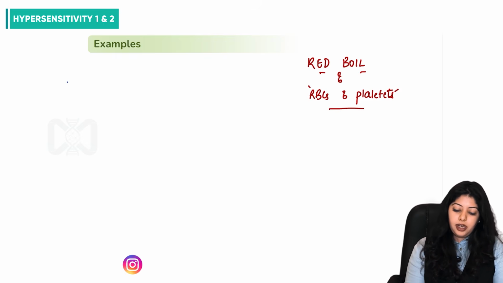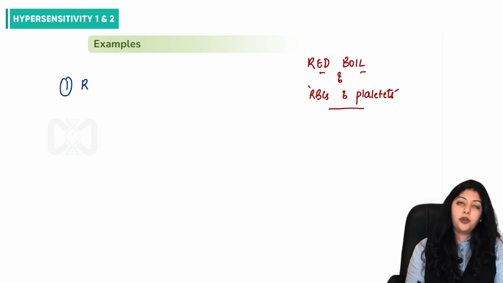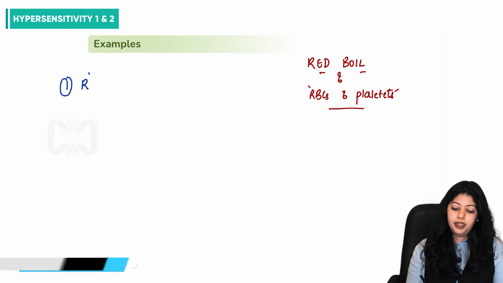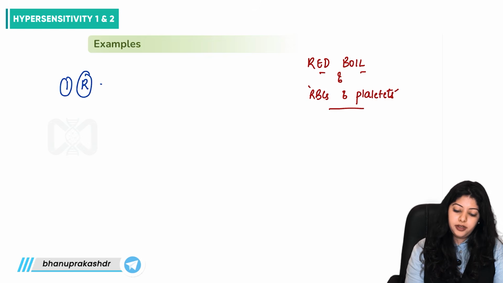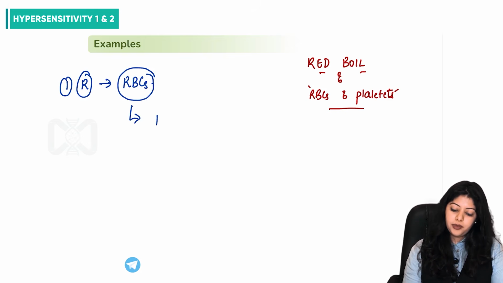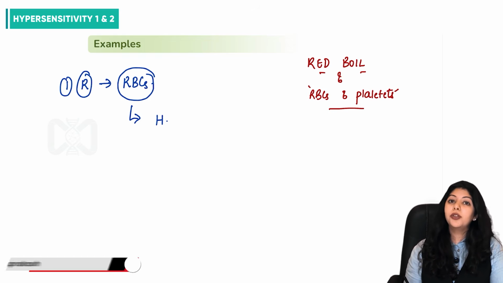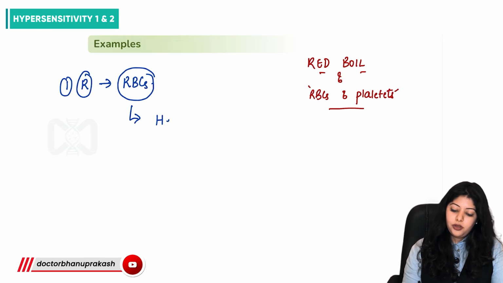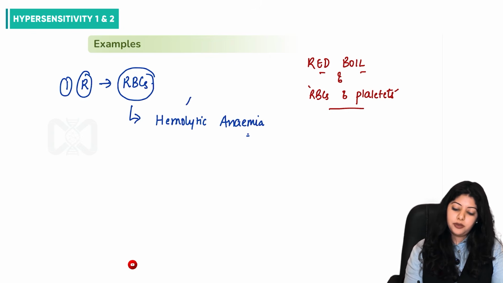So with the letter R from RED BOIL, we are using R for RBCs. Whenever there are RBCs, can we say that it is the hemolysis which is taking place? RBC destruction is the hemolysis, right? So can we say that autoimmune hemolytic anemias can be associated with type 2 hypersensitivity reaction?